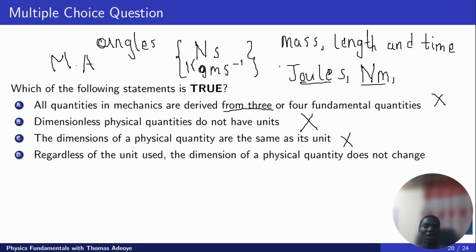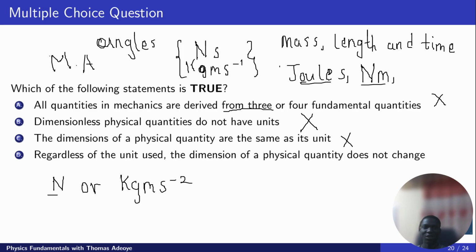Let me use this to explain this. So the unit of force, we can use Newton, or since force is mass times acceleration, we can use kilogram meters per second squared.